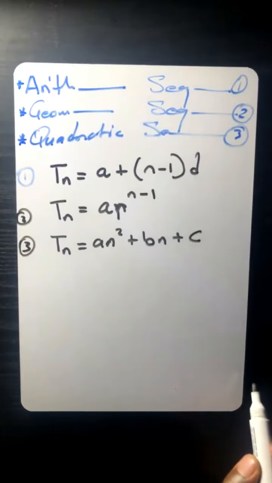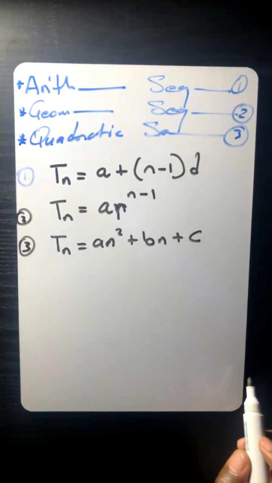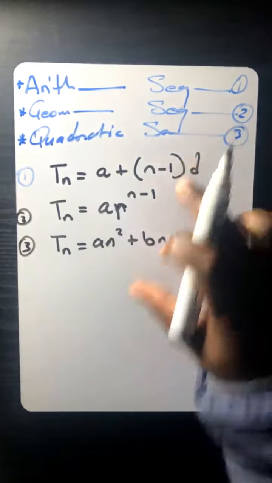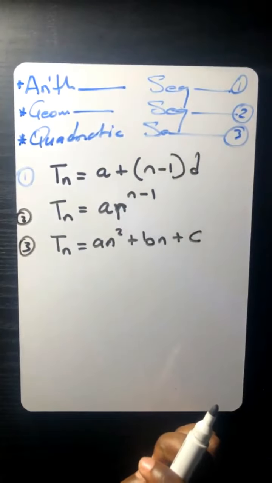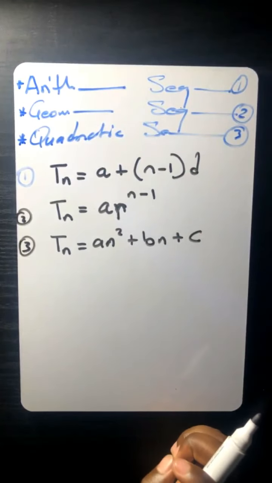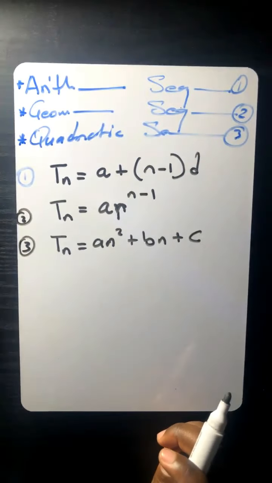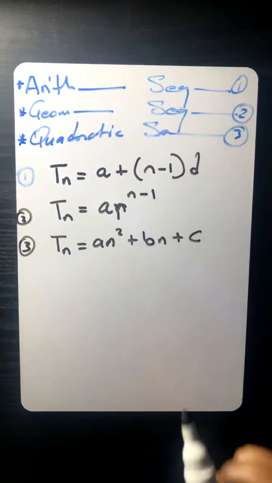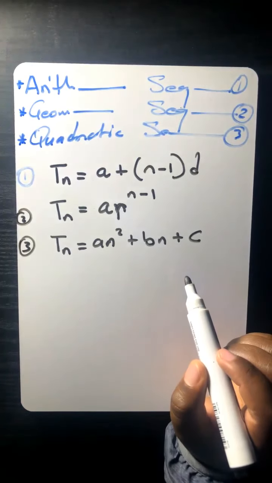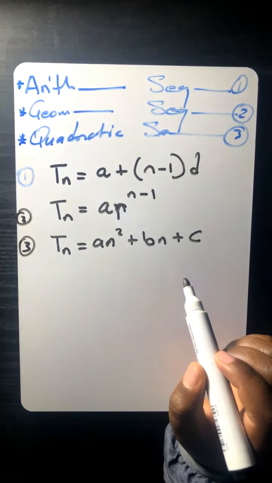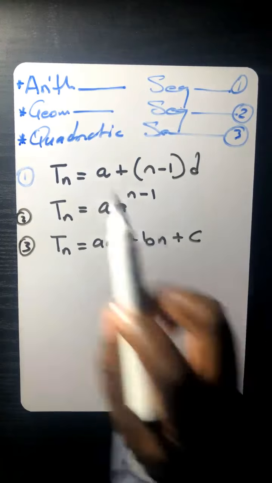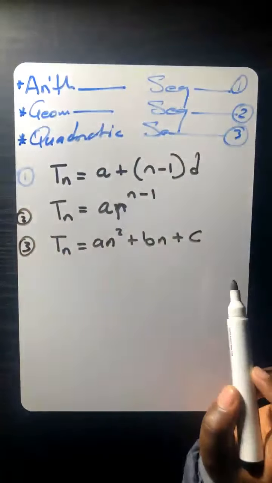So ladies and gentlemen, we are most likely to be using these formulas when we're dealing with sequence and series. You need to be aware of how you notice if a sequence is arithmetic, geometric, or quadratic.